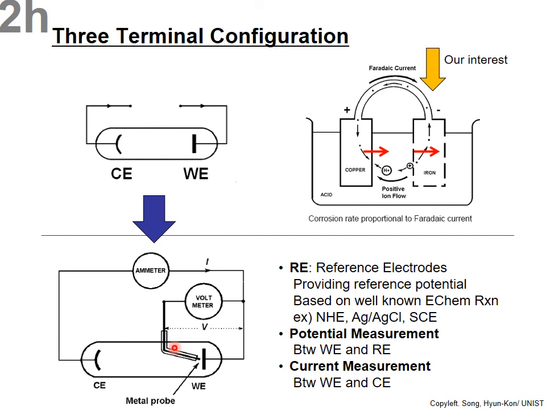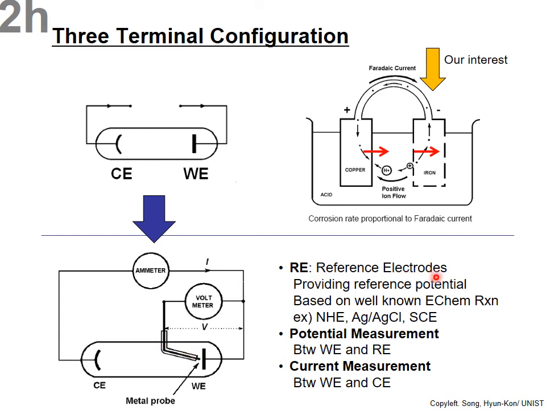Because the potential of reference electrode is always constant, we can easily trace the change of the potential of working electrode. Practically, this reference electrode is located nearby the working electrode to reduce some resistance between working and reference electrode.